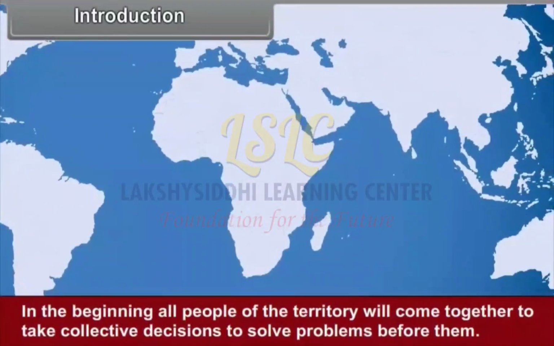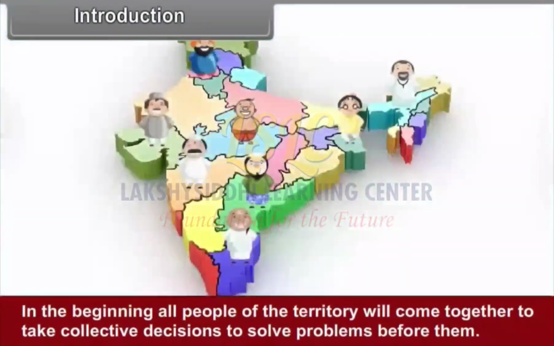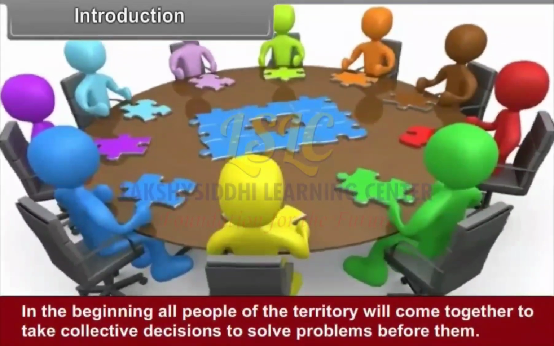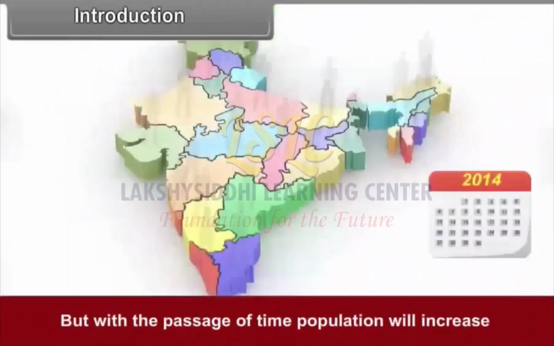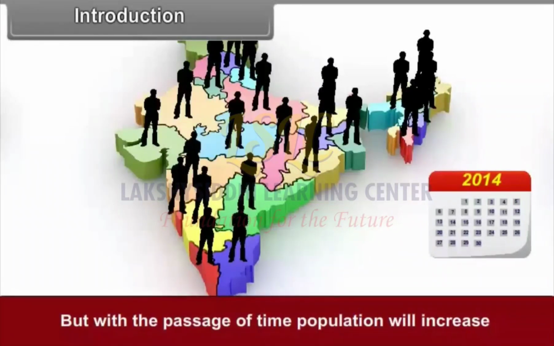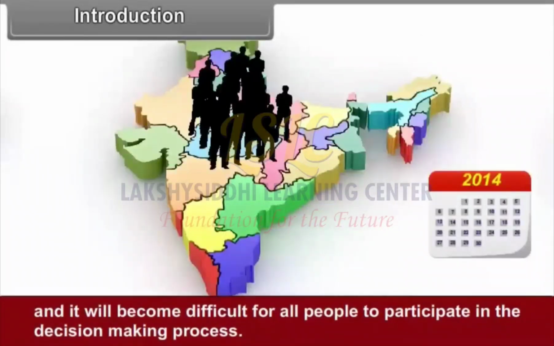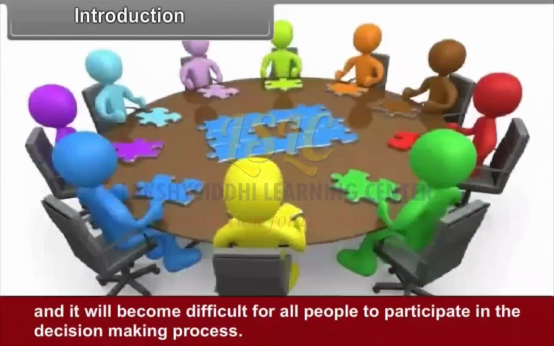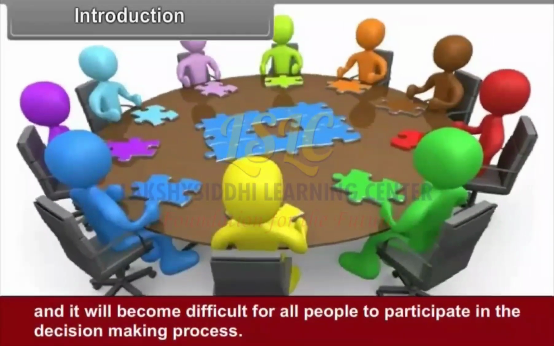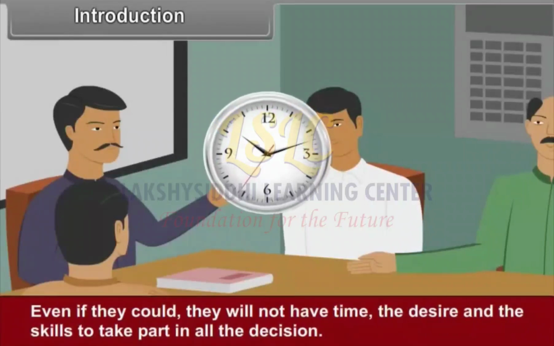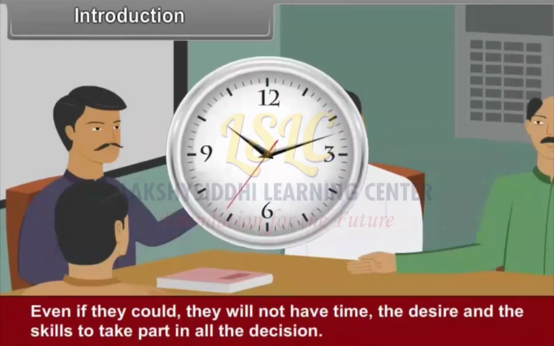In the beginning, all people of the territory will come together to take collective decisions to solve problems before them. But with the passage of time, population will increase and it will become difficult for all people to participate in the decision-making process. Even if they could, they will not have the time, the desire and the skills to take part in all the decisions.